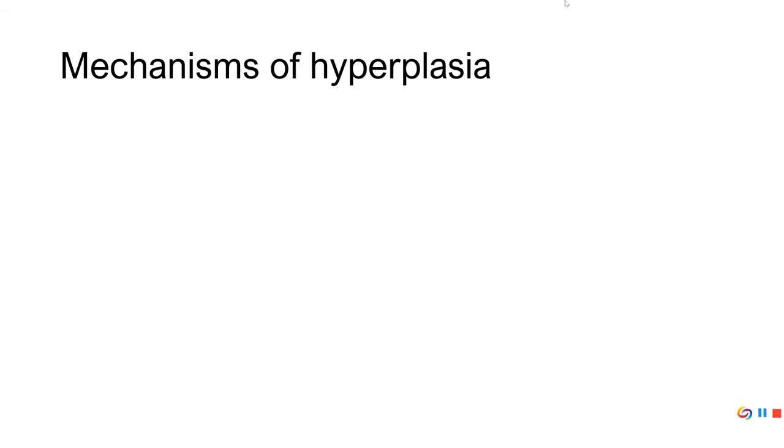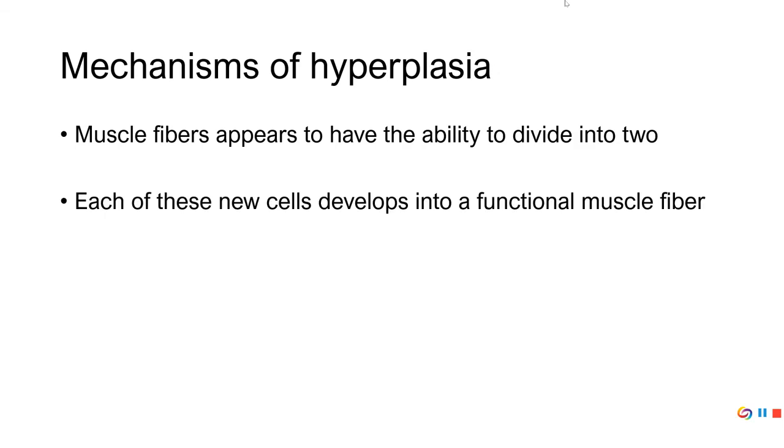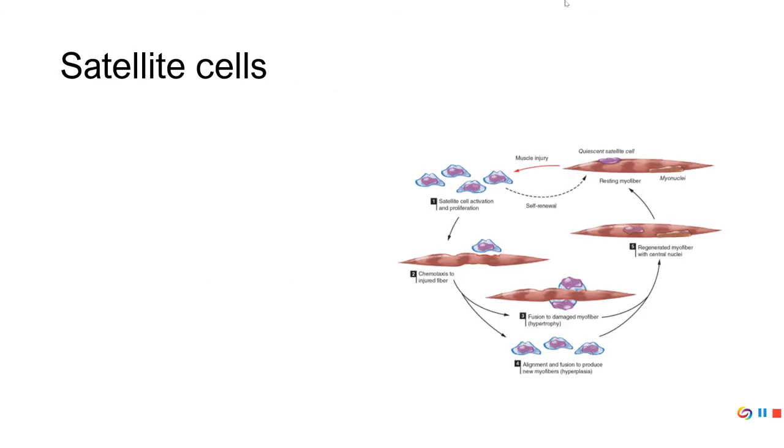But how it could happen is that muscle fibers can divide into two, and then each of these develops into its own muscle cell. Okay, and this involves something called satellite cells. Now, satellite cells, you can see from this diagram here, they're generally involved with muscle injury.